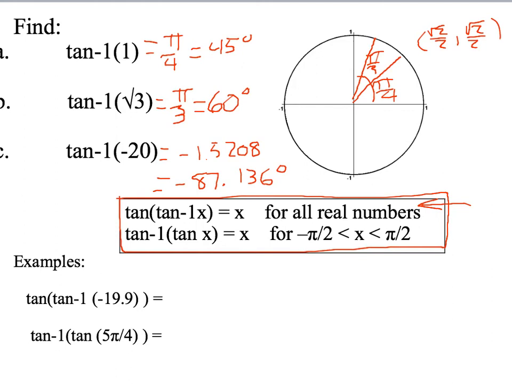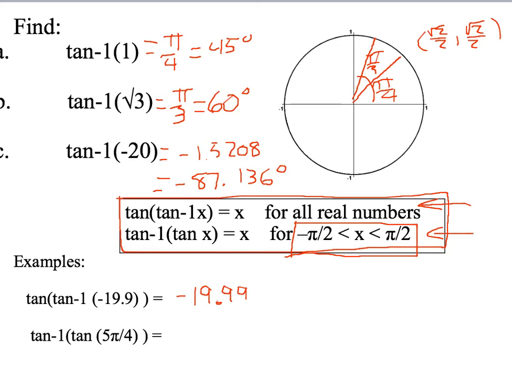And when we're doing the inverse tangent of the tangent, our restricted domain is the same as the sine function, and so will be very similar to what we were getting done there. And so the tangent of the inverse tangent of -19.9, since it's all real numbers, our input is always going to equal the output in this case. And so -19.99 ends up being our answer.